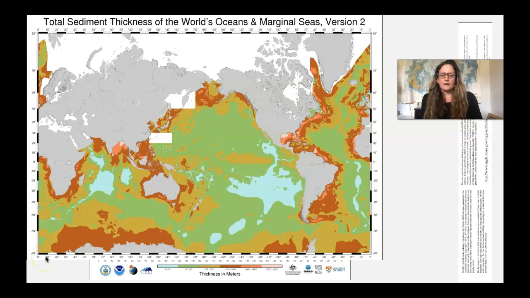This is a map of the sea floor of our ocean basins showing the thickness of sediment. The thickness is in meters. So the lightest blue, where my arrow is here, is areas where the sediment is not very thick. Here also along the Mid-Atlantic Ridge. So these are ridge areas.